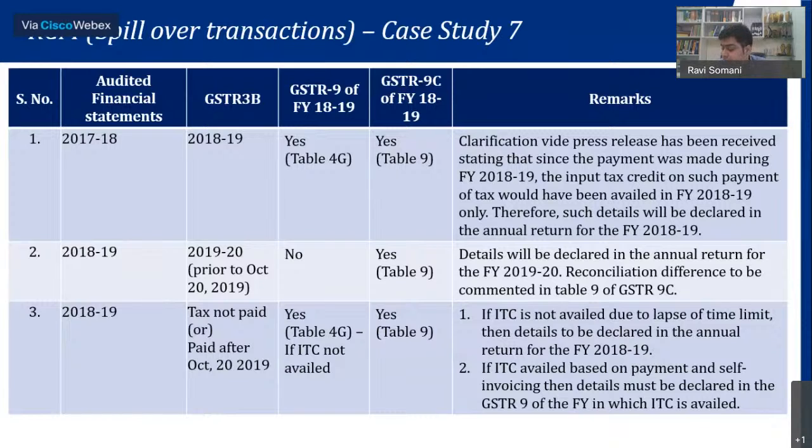How can somebody be asked to do something unreal or impossible? So when the assessee is paying the tax, only at that point of time the timer or the time limit restriction of taking the credit starts. So as long as it is a self-assessment, the credit should be eligible even in the second scenario as well.